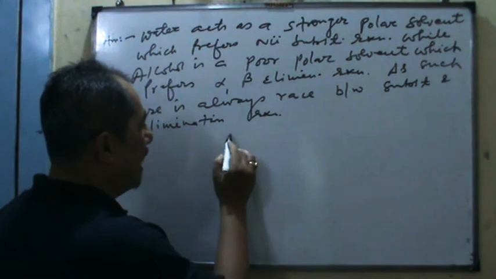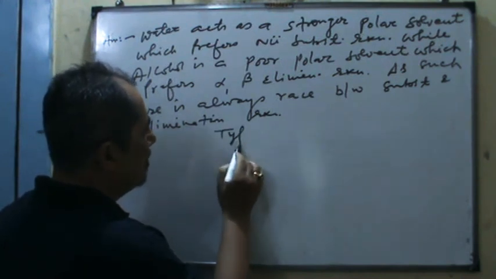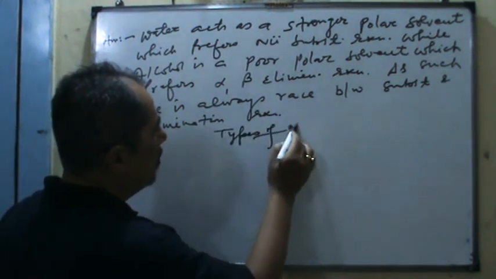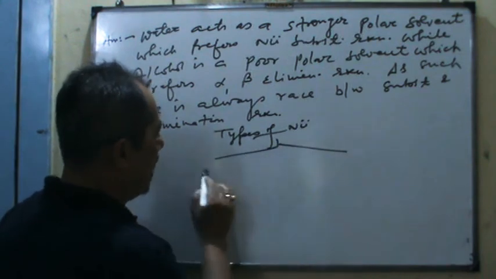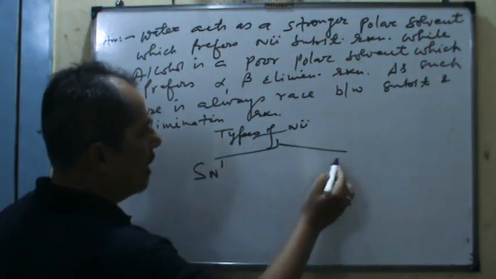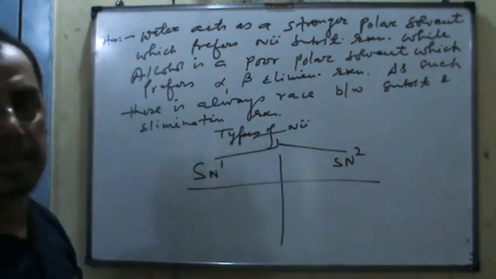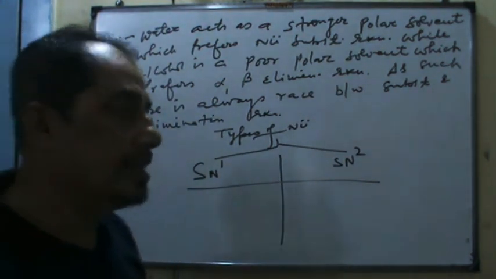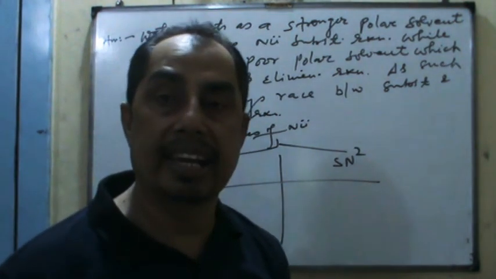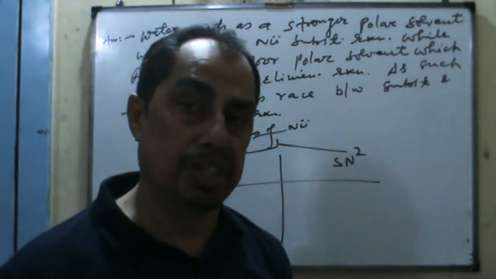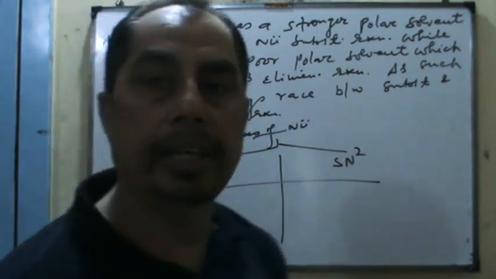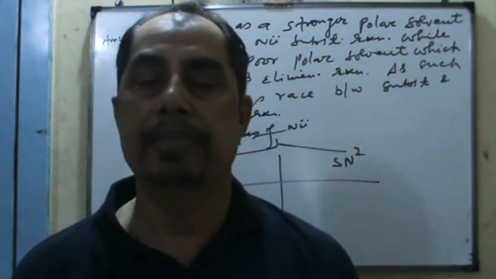In my next class, I'll discuss types of nucleophilic substitution reaction, that's SN1 and SN2, with certain differences, and taking stereochemistry by chirality and racemization. It's all right. I hope I have made it clear.